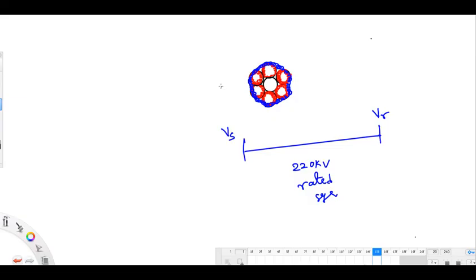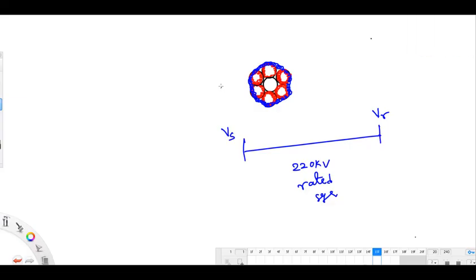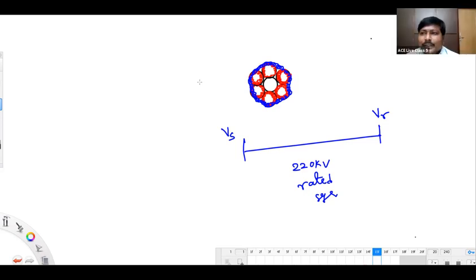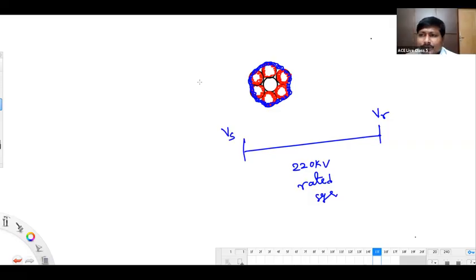Around the same, with slight variations continuously. Those variations are the operating voltage. Whatever you said, 230 or 220, that is the rated voltage. Rated voltage is the voltage at which your apparatus is designed to work, and operating voltage is what we are actually getting in practice, continuously.